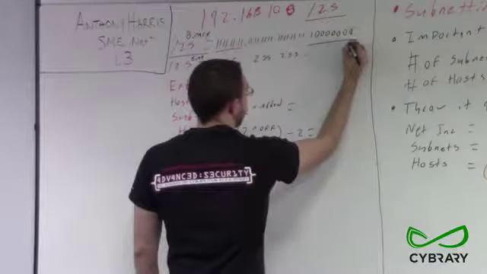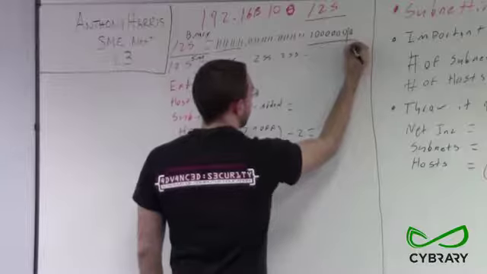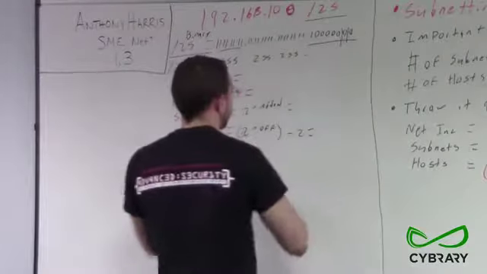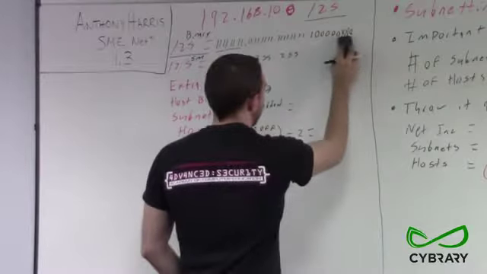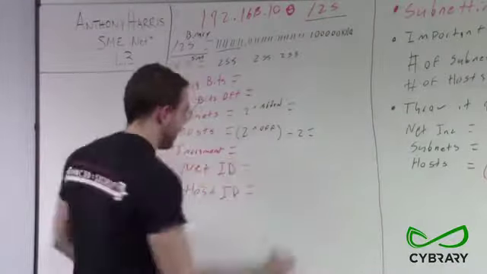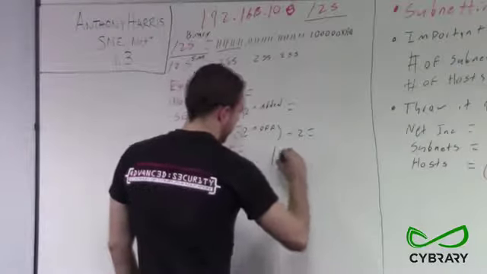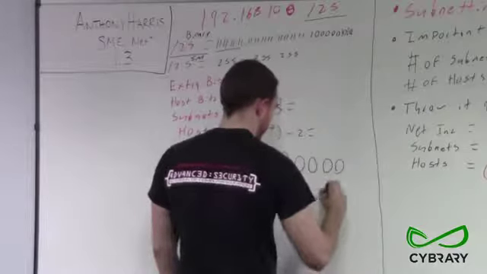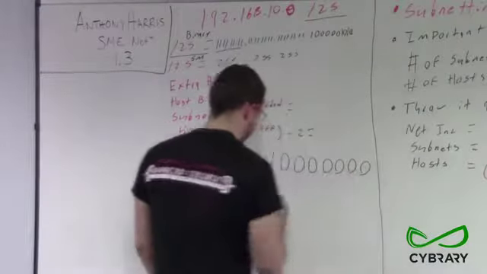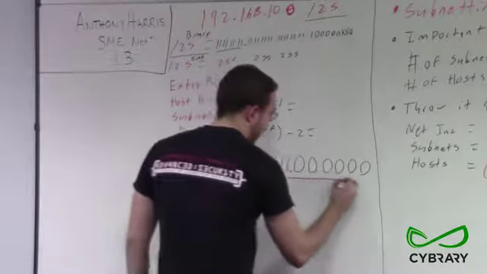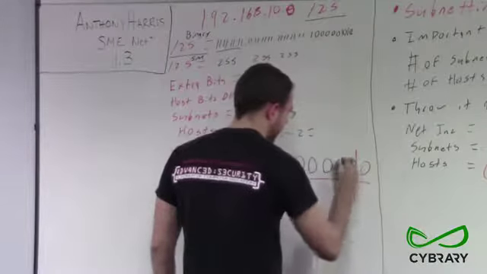Our last octet, let's write it a little bit bigger. So our last octet is 1, 0, 0, 0, 0, 0, 0, 0. That's our last octet. So how do we find out what number that equals? Because it's not all ones.